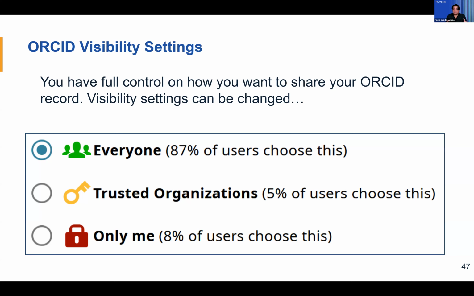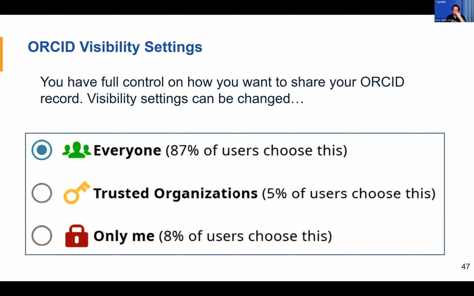Or you can change it to only me, private, which doesn't make as much sense. As a researcher, you want to share what you have. So if you're putting in only me, it doesn't make sense as much. So you can do that with a full ORCID record. But you could also do it individually. You could also do it in the different individual entries of your ORCID record.